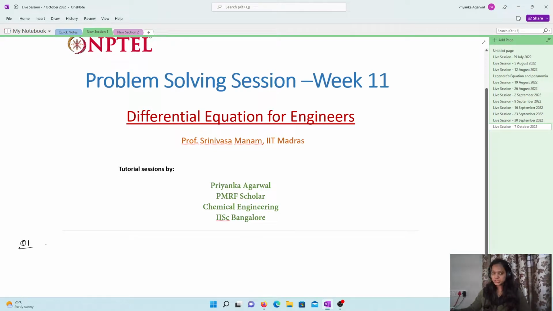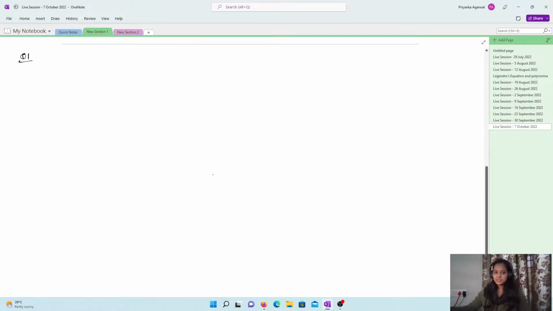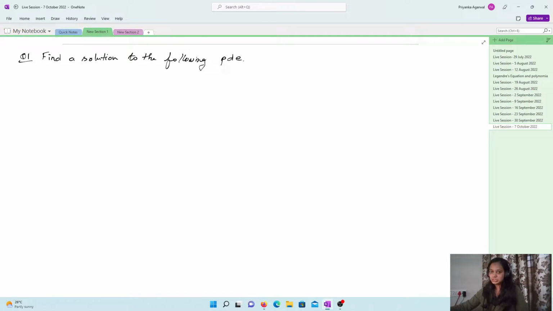So the first question is, find the solution to the following partial differential equation.